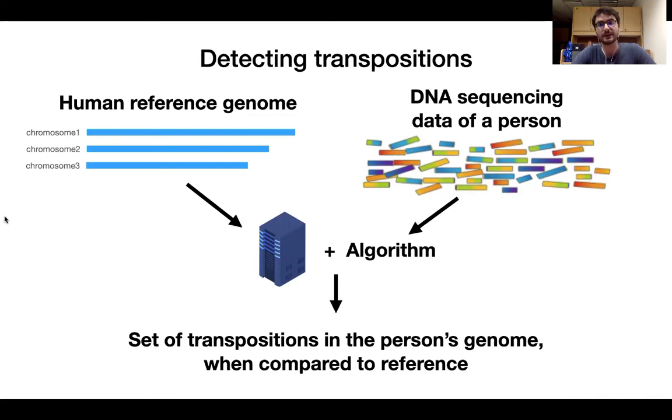And we also have the DNA sequencing of a sample, for example, of a person. And we feed this data to an algorithm, which will predict a set of transpositions that hopefully appear in this person's genome.